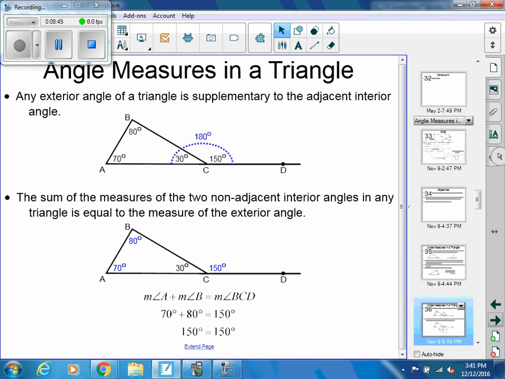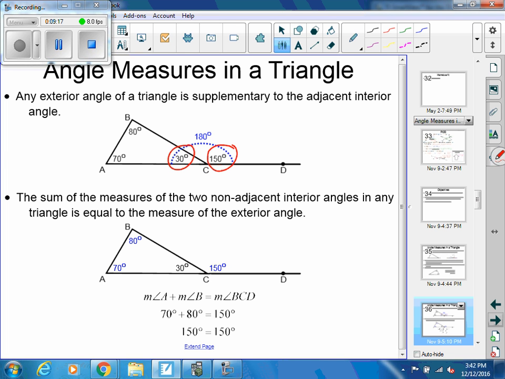So if you look at this 30-degree angle right here, this exterior angle of 150 is supplementary to it because they're going to add up to 180. Now the other rule with this is the sum of the measures of the 2 non-adjacent interior angles in any triangle is equal to the measure of the exterior angle.